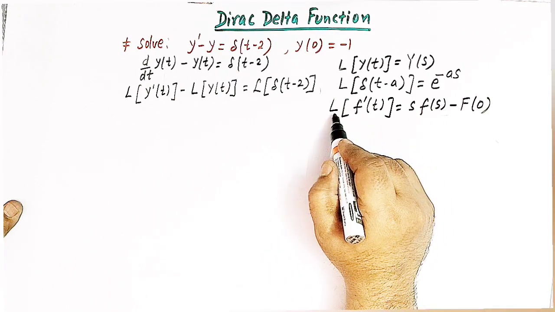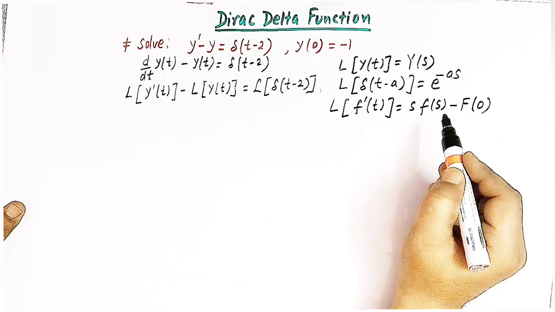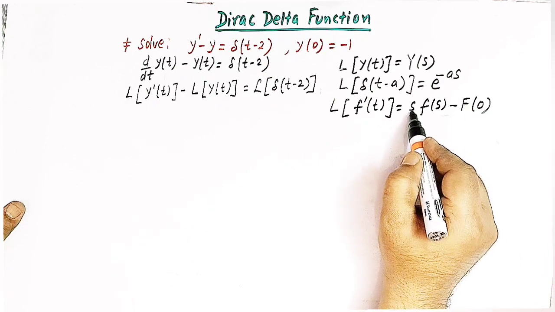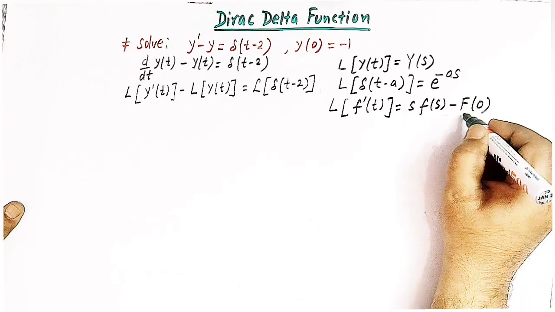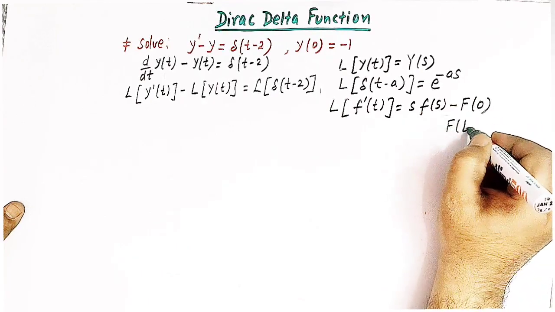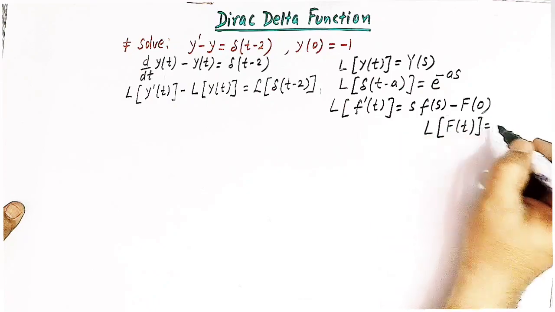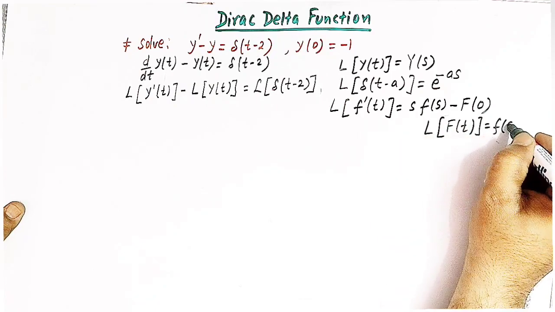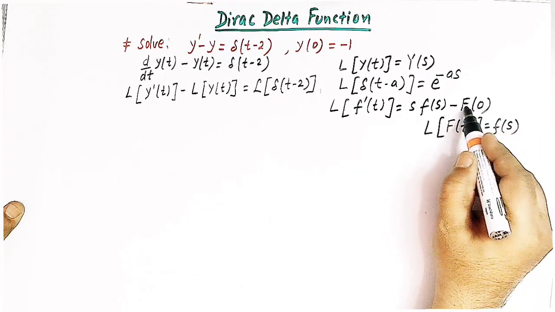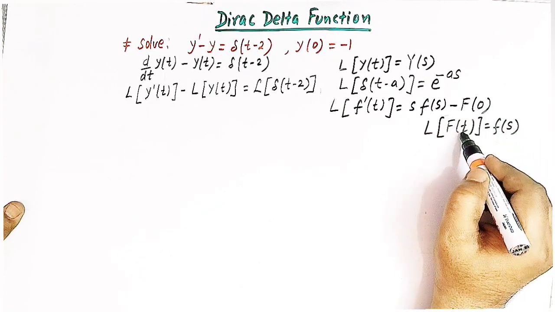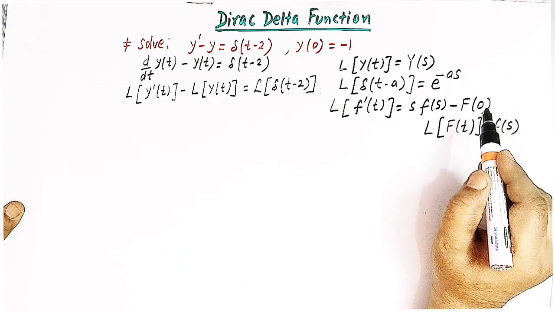So the Laplace transform of the first derivative of f of t is given by the product of s and the Laplace transform of the function f of t, because the Laplace transform of f of t is denoted by F of s, right? And then we have f of 0. It means for t is equal to 0, we have f of 0.